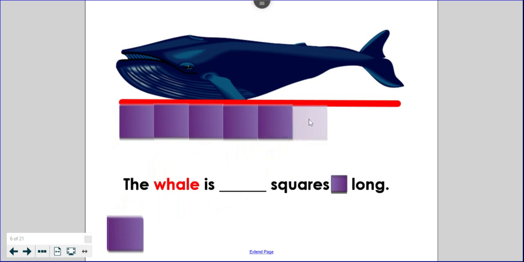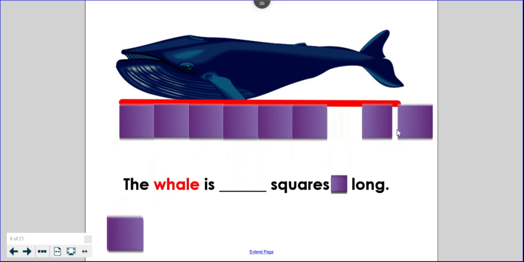Am I done yet? No, you're right. There's still more whale to measure. All right. Am I about at the end of my whale? I am.